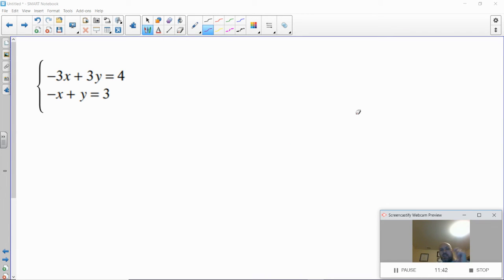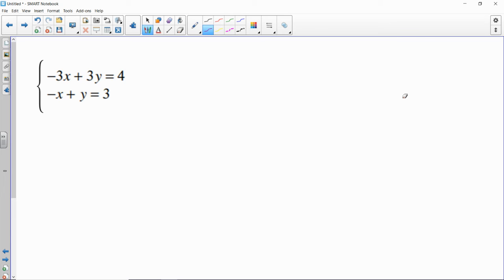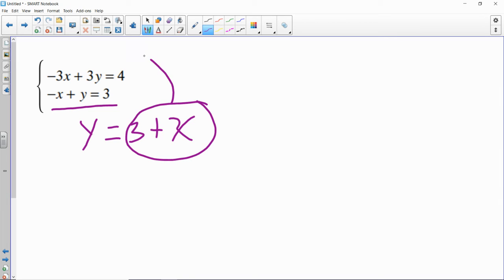Alright, so back to our equations here. I'm going to work with this bottom equation and add x to both sides. So I end up with 3 plus x on the right. So now I can take this value for y and substitute it back into this first equation, using parentheses.